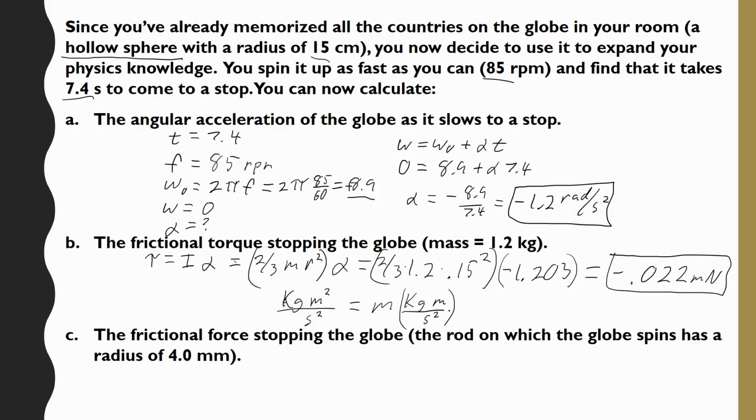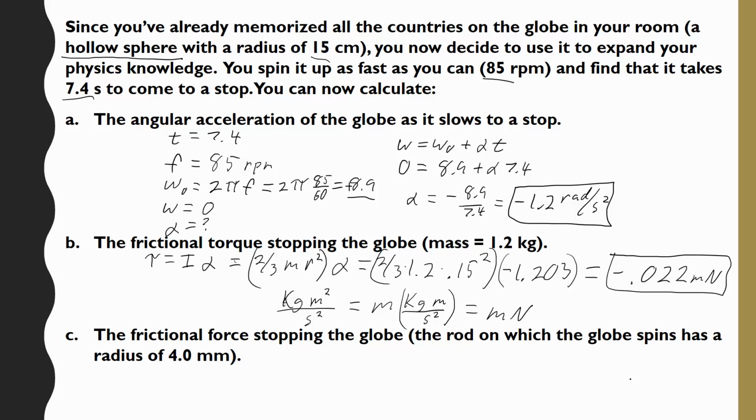This thing right here is the definition of a newton, so indeed it works out to be units of meter newtons. If you like checking units along the way, it can be a good way to see if you made a mistake, or if you're just really careful about always plugging things in standard units, then you can know that your answer came out with standard units as well. Okay, last one, we want the frictional force stopping the globe.